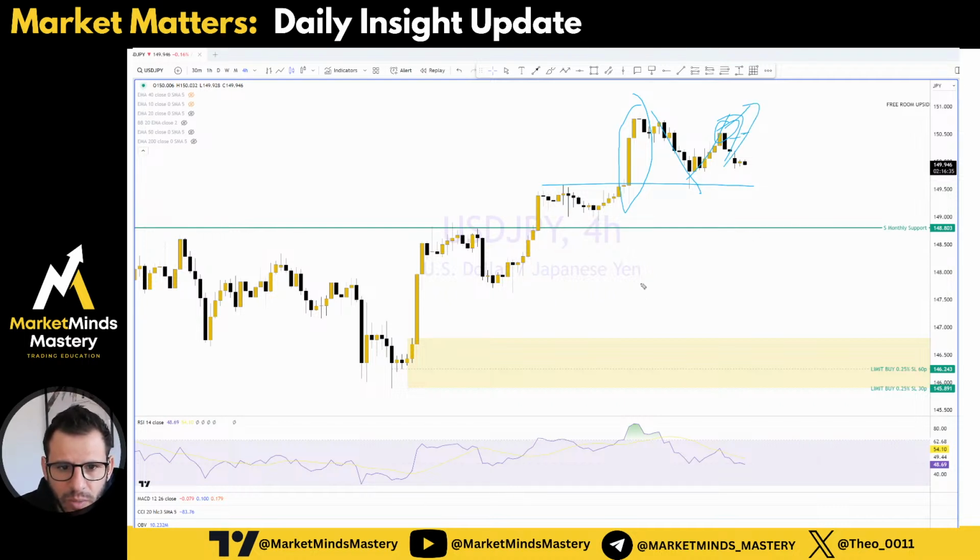Now, if the price will come backwards, I have some areas that I would like to watch down here. So I'm looking to create a few buying positions with different stop losses, but it's far away for now, so we want to wait and see what's going to happen.